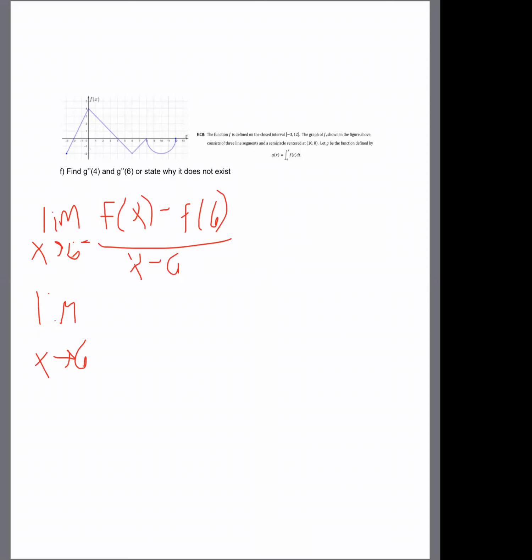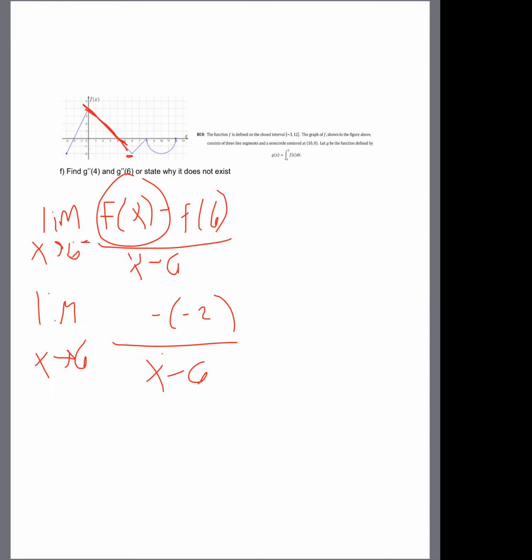F of 6 is -2, right? We can just tell that from the graph. And then x minus 6 stays the same. But what is f of x? F of x, at least when you're looking at it from the left, is this line.